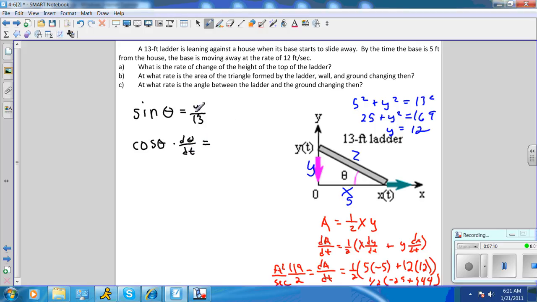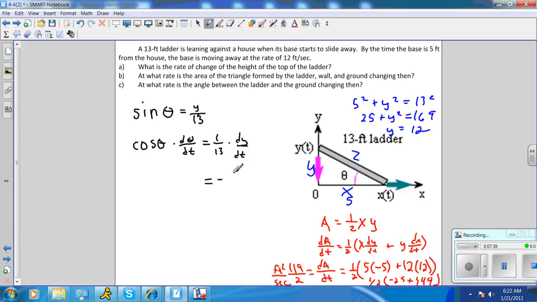It equals the derivative of y, let's do it this way, 1/13 times the derivative of y, which is dy/dt. We figured out that dy/dt was -5, so we could plug that in.